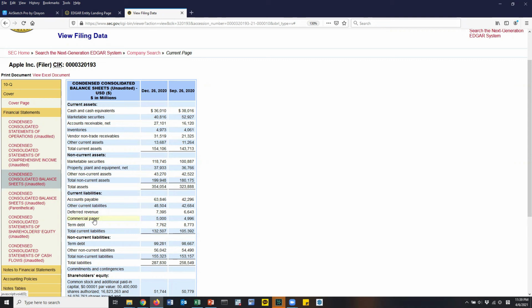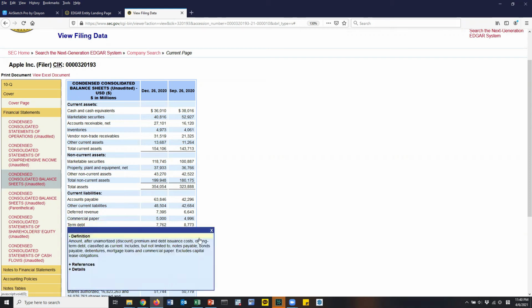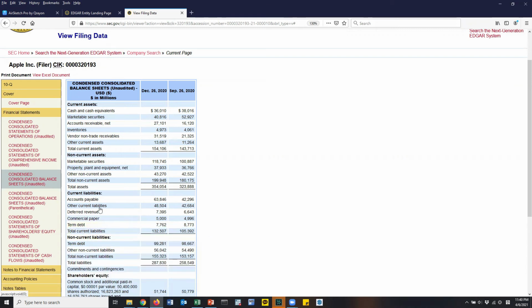Commercial paper, companies sometimes print their securities and give it out at a discounted level to the suppliers as a promise that I will give you the money soon. That's called CP, commercial paper. And some other term debt, like the current portion of long-term debt.